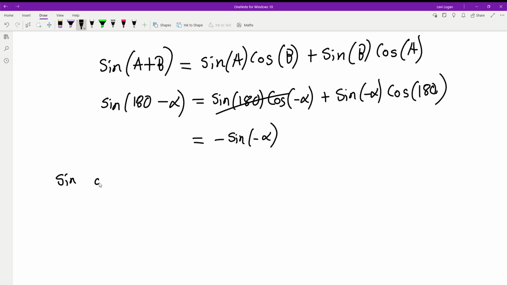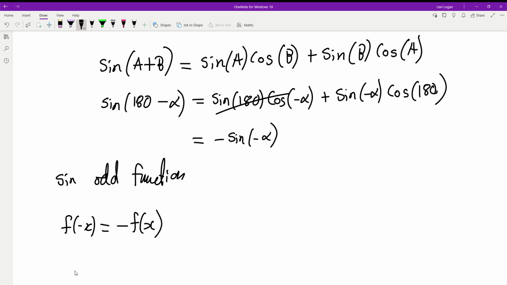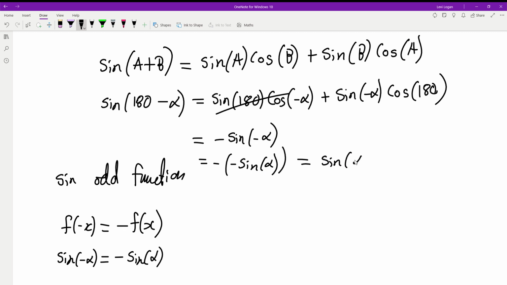Sine is an odd function, so what that means is, if you have f of negative x, that is the same as negative f of x. Since sine's an odd function, sine of negative alpha is the same as negative sine of alpha. So we can replace that there and we'll get negative multiplied by negative sine of alpha, which just gives me sine of alpha.